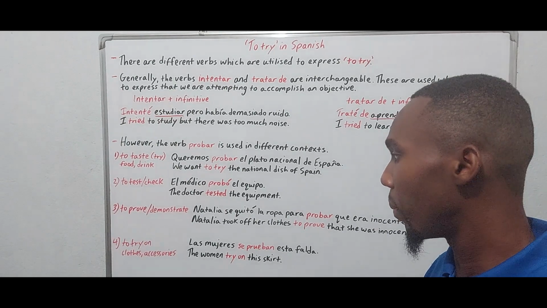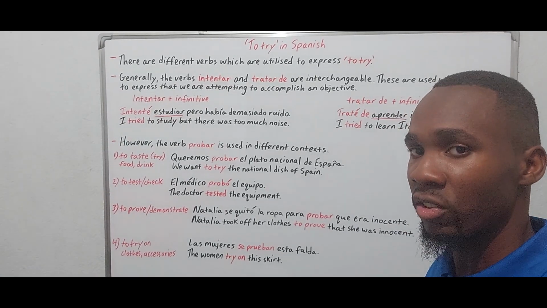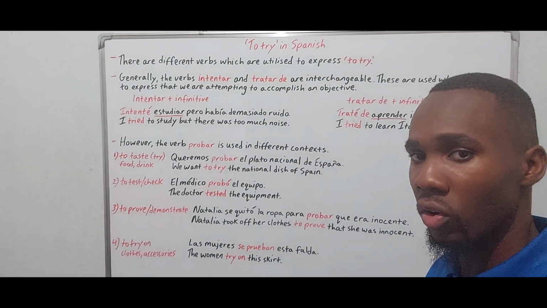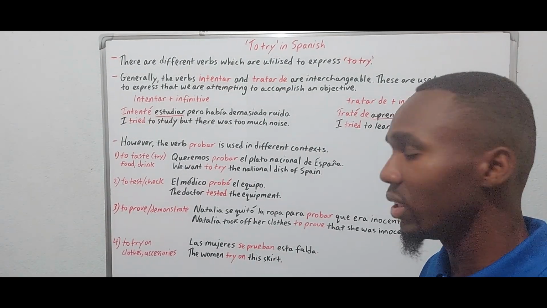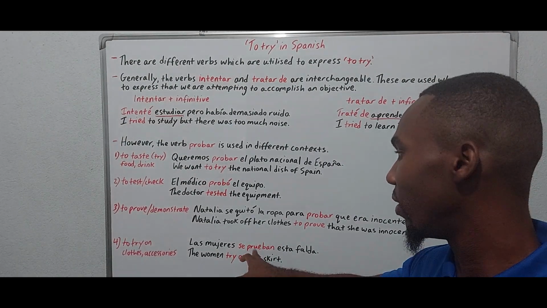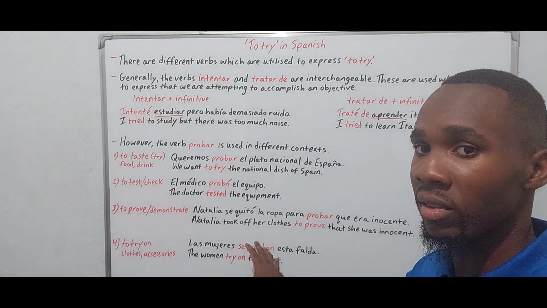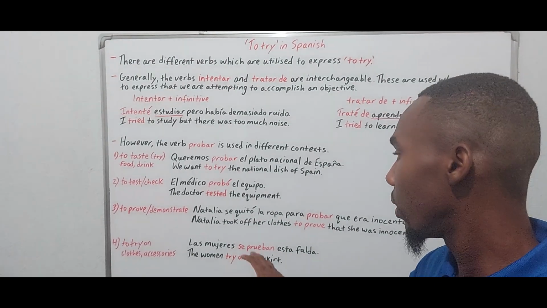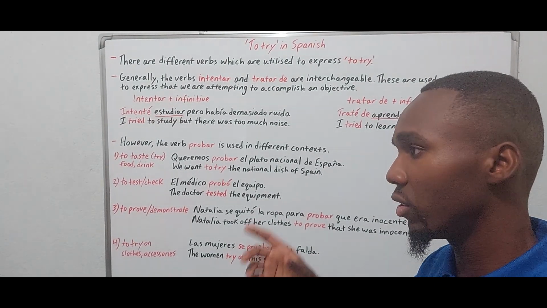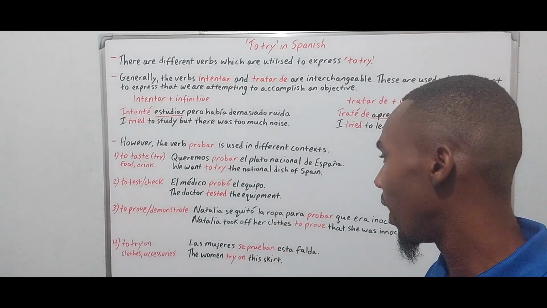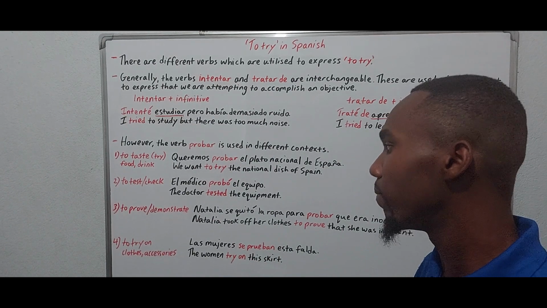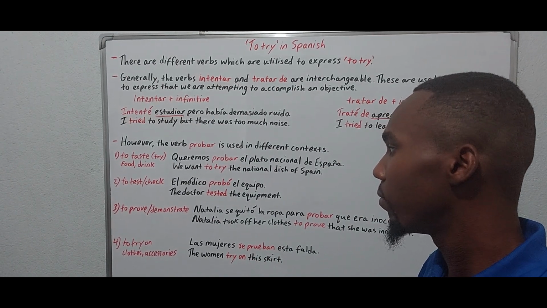When we use probar as a reflexive verb, it means to try on. So try on clothes, accessories, what have you, right? And you would also see that it is one of those verbs that requires an internal change in the present tense. The O changes to UE. So we have las mujeres se prueban.